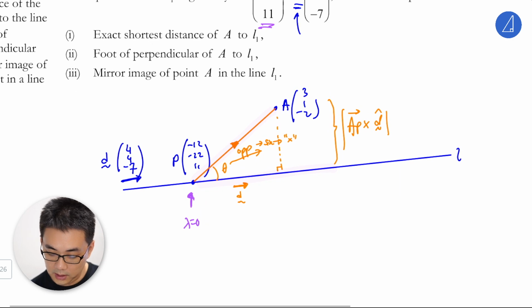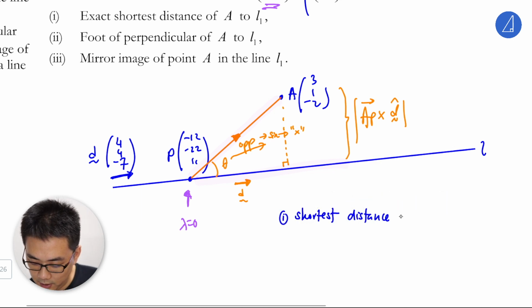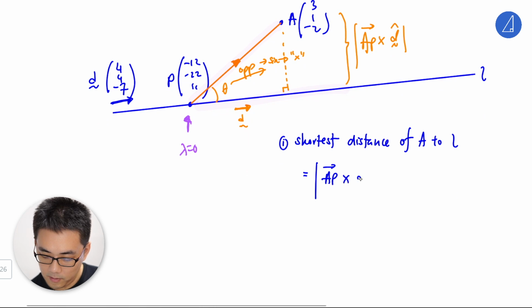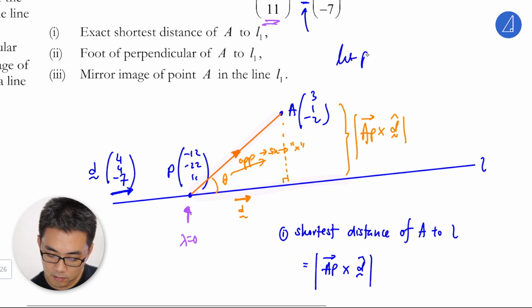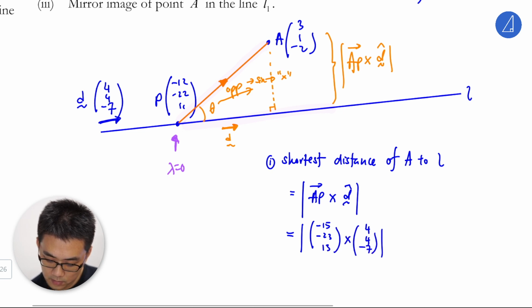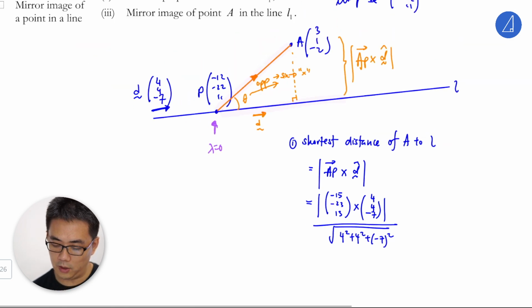So the shortest distance of A to L, there you go.